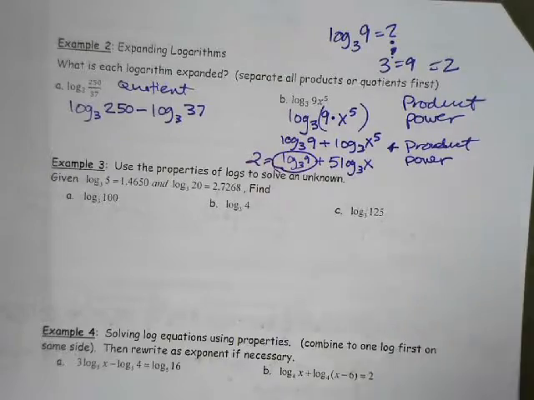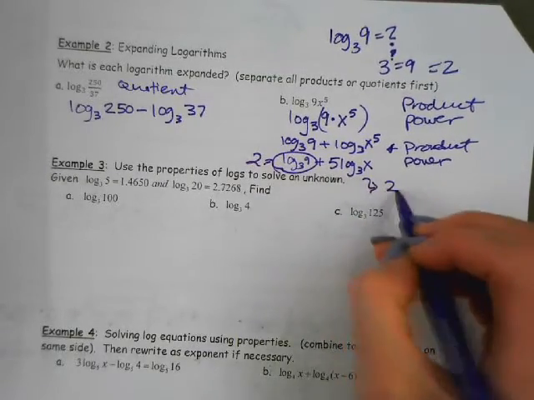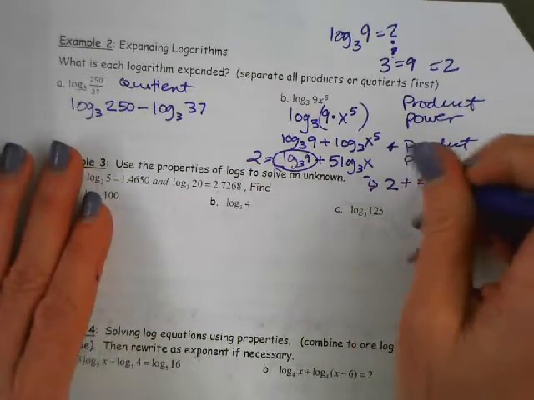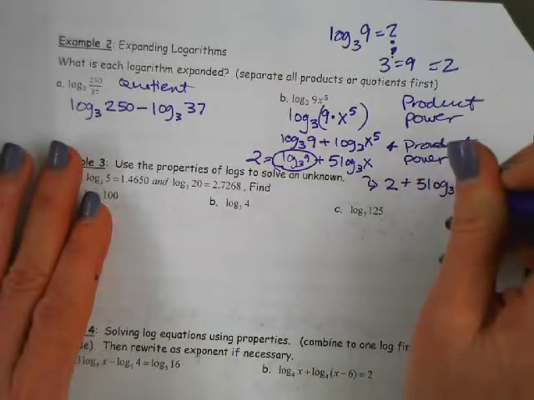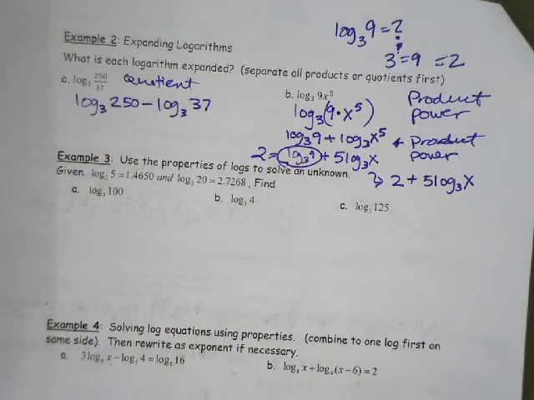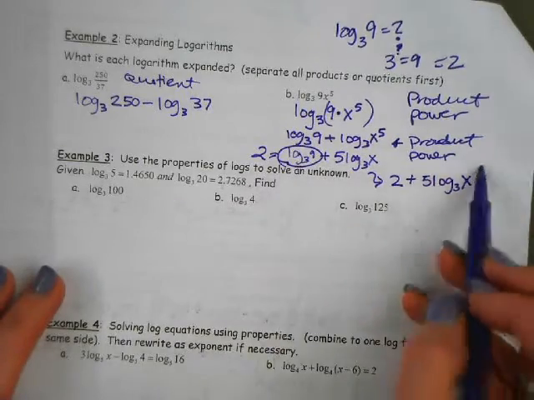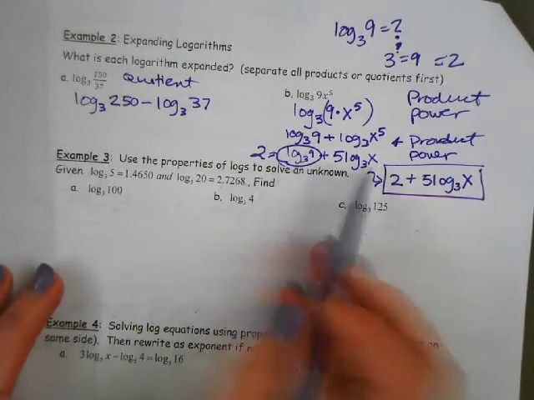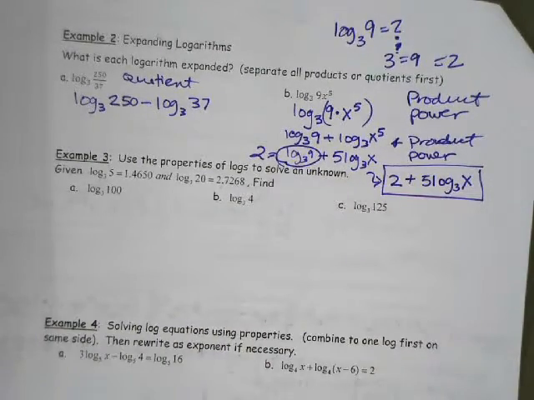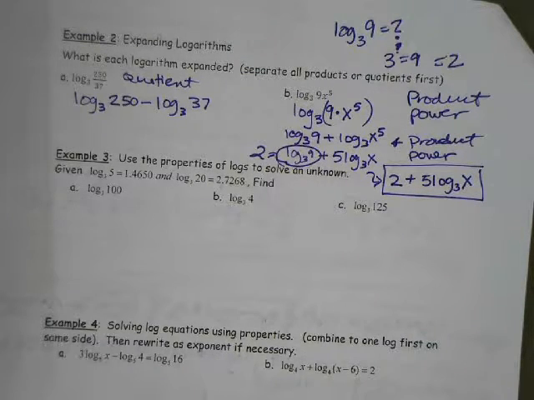So then I can just rewrite this whole thing as 2 plus 5 log base 3 of x. So then once you get it down to here, you want to see if there's any reduction you can do, any values that you can actually evaluate. That make sense? A little bit? Okay. Alright. Ready to move on?